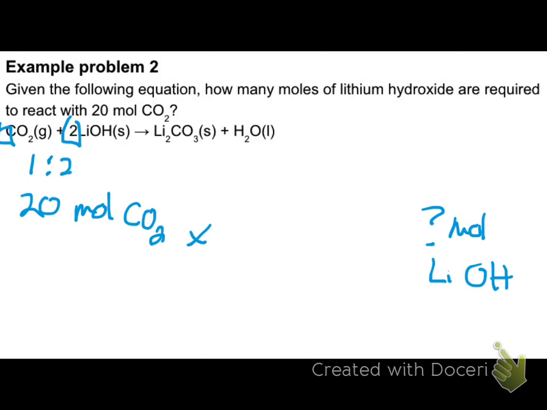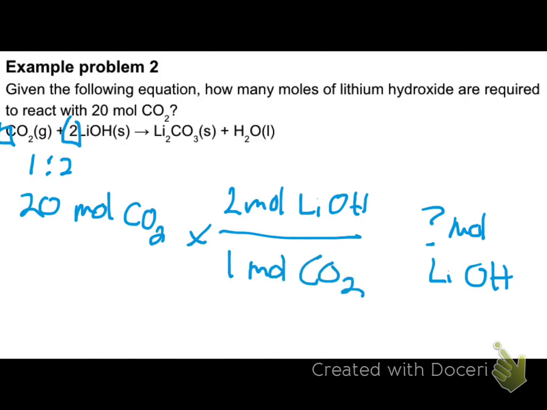Okay. We want to have lithium hydroxide be on the top of our conversion factor because that's what we're going to, and we want carbon dioxide to be on the bottom. So we would say that 2 moles of lithium hydroxide are present for every 1 mole of carbon dioxide. And then all that's left to do is run the math.